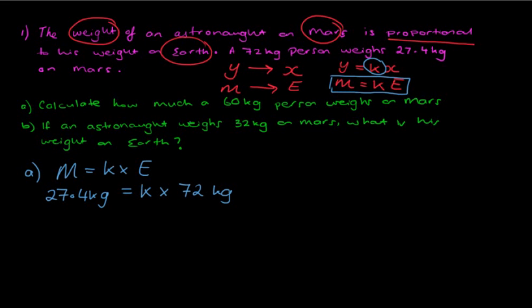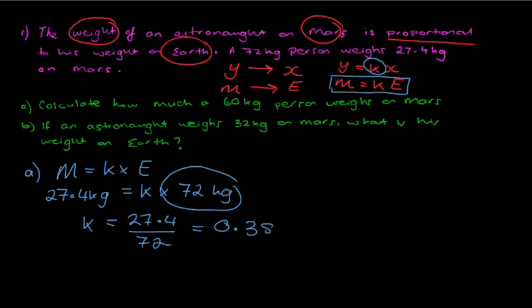If you don't like using your graphics calculator, then you need to get rid of that times 72 by dividing by 72. Either way, you'll get the constant of variation being approximately 0.3806, so 4 decimal places.